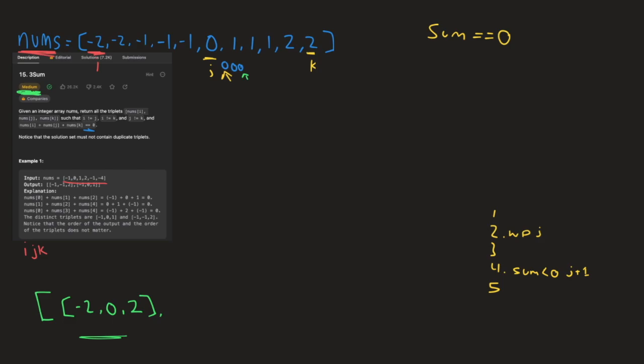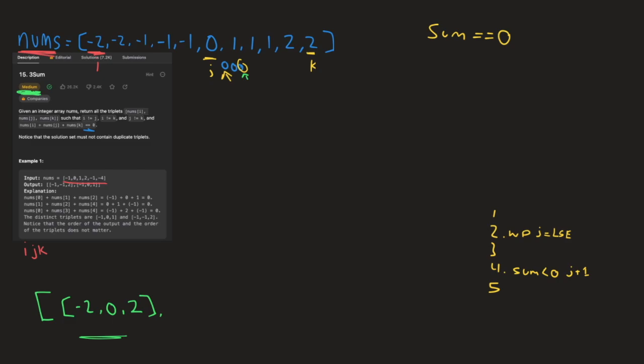J equals the last same element. It'll be a different index, but the same value, the last value of its group.